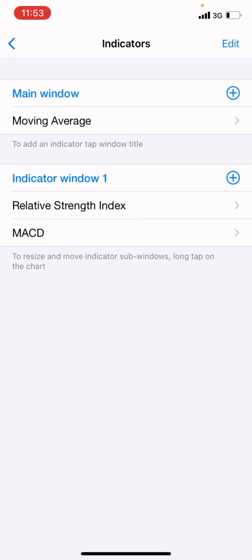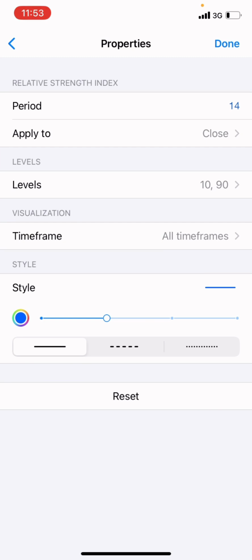Then the RSI indicator, a very good indicator. Period on 14, apply to close, levels 10 and 90. The time frame, all time frames. The style is 2 pixel, while the color is blue.